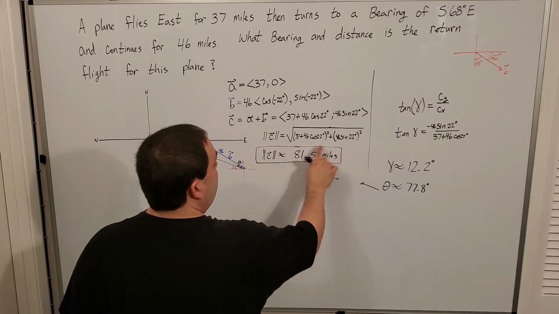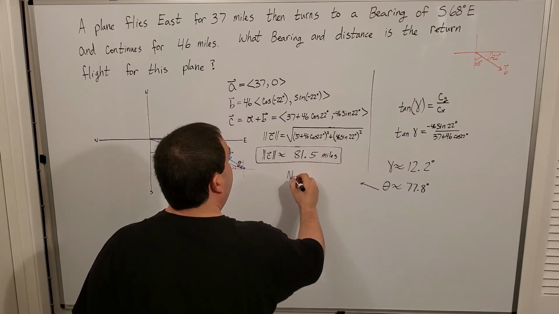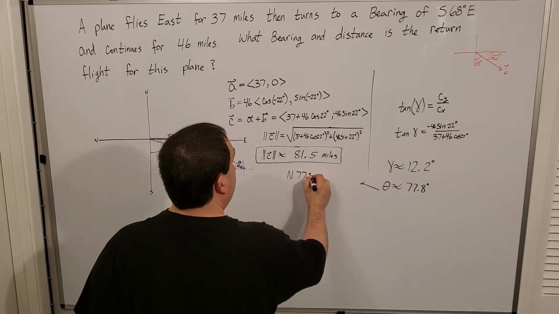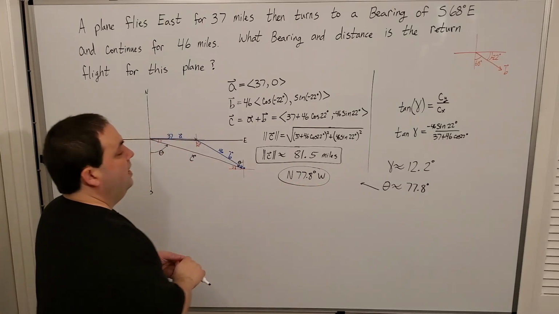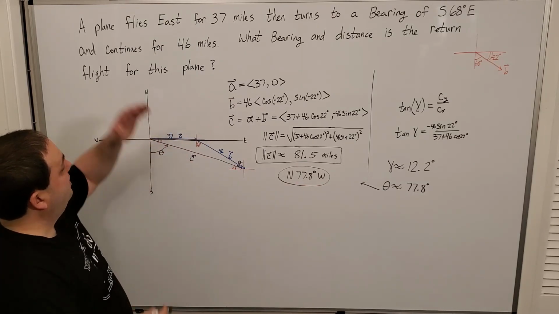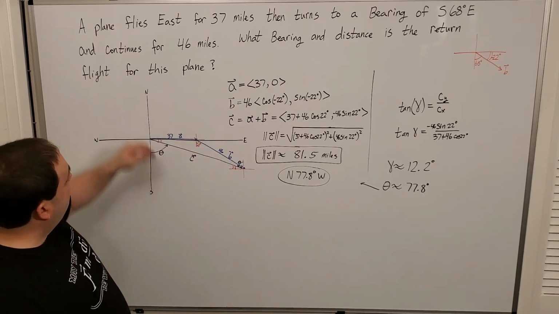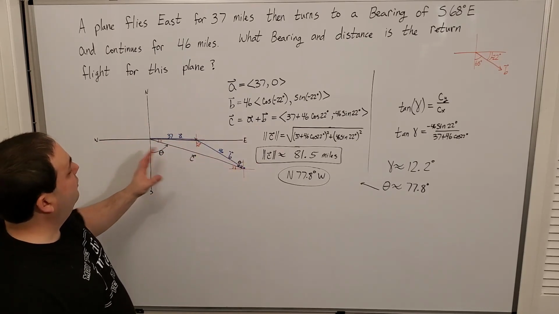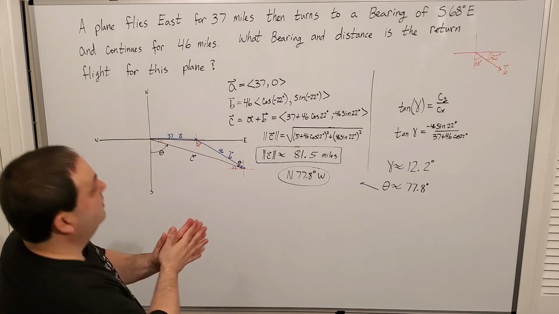So it would be this distance at a bearing of north 77.8 degrees west. If it had asked the question, what's the bearing from the original point to this thing directly, then you would say south 77.8 degrees east. But either way, you can just do it that way.